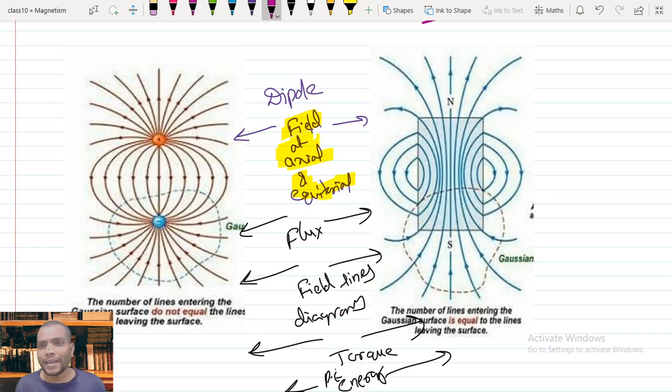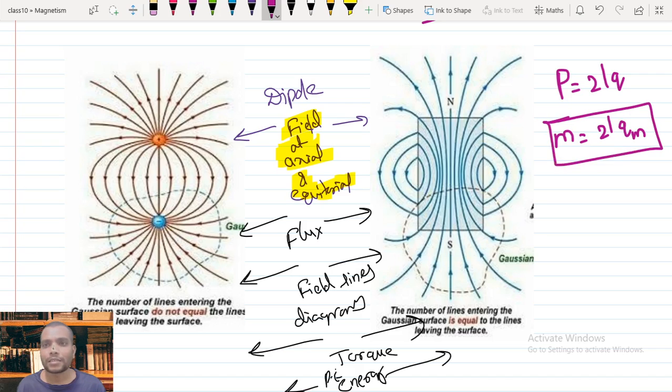The one and only major difference comes at the dipole moment. It is P, which is 2Lq in electrostatics, but in magnetism it becomes 2Lq with suffix M. That is magnetostatics. So dipole moment is a very important concept to understand all of this.